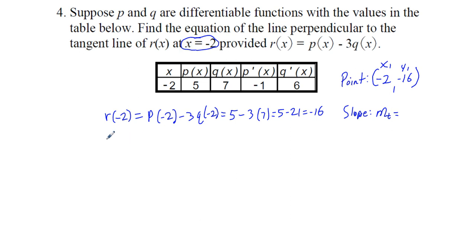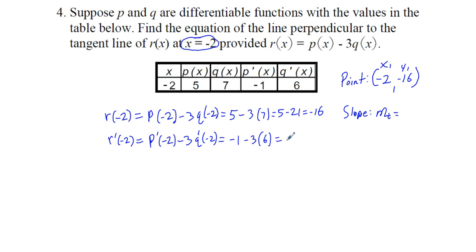Next, for the slope. Okay, we want to find r prime of -2. Well, that's going to be similar to how we found r of -2. So now we're going to take p prime of -2 minus 3 times q prime of -2, and that's going to be equal to p prime of -2 is -1, and minus 3, and q prime of -2 is 6.